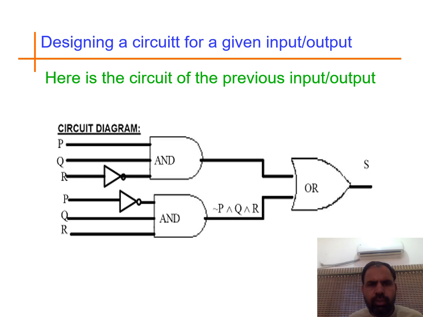After the NOT gate, this becomes negation R. We write here negation R, and this P after this NOT gate becomes negation P, and this Q with AND gates and this with R. So after this AND gate, the result will become negation P and Q and R.